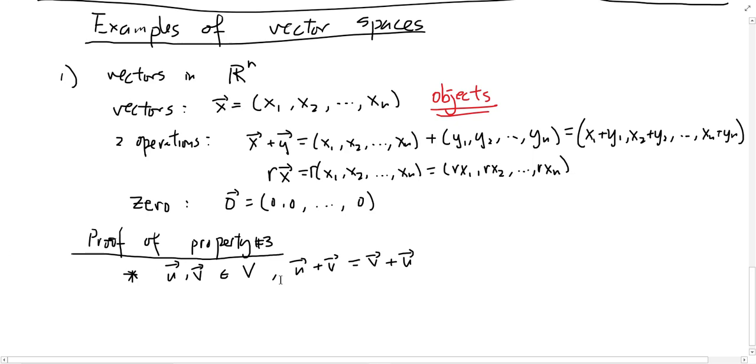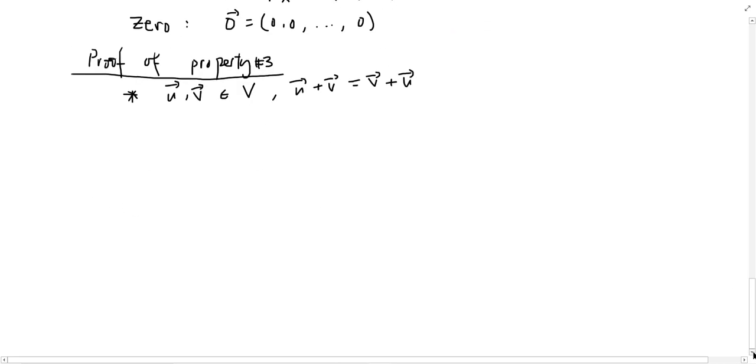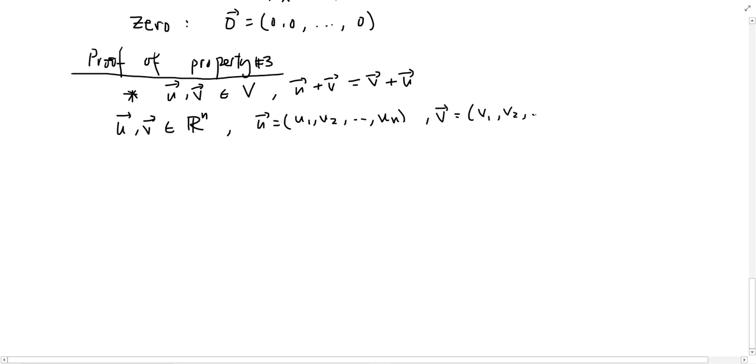We can just simply define them like we normally would. Let's say we have vector u and vector v within Rn. Therefore, vector u is u1, u2, to un, and vector v is v1, v2, to vn.